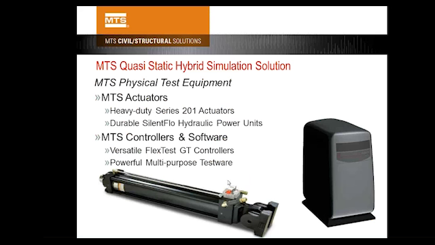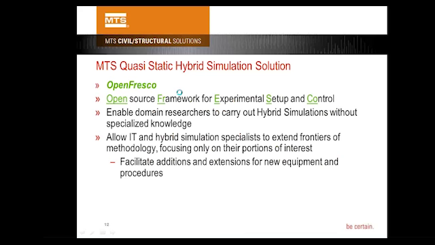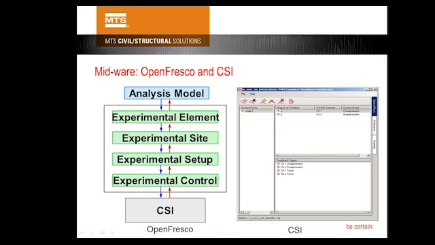Hardware, you can simply use our controller and our actuator, and the actuator could be fast, could be slow. It doesn't matter because this is a slow hybrid simulation. So whatever hardware you already have is probably good enough to do this kind of quasi-static hybrid simulation. So the only piece you need is this computer simulation interface software.